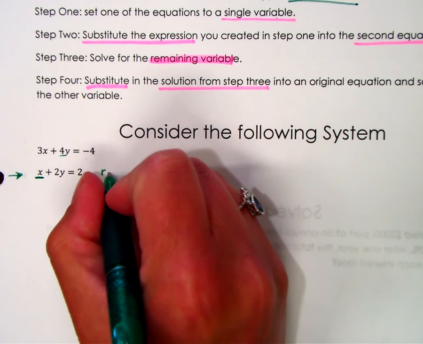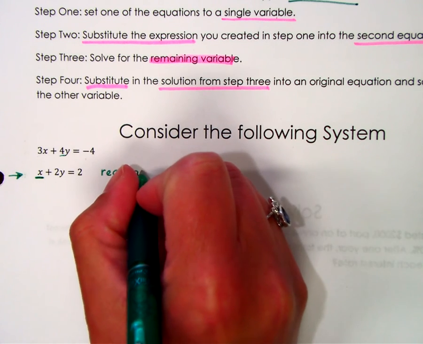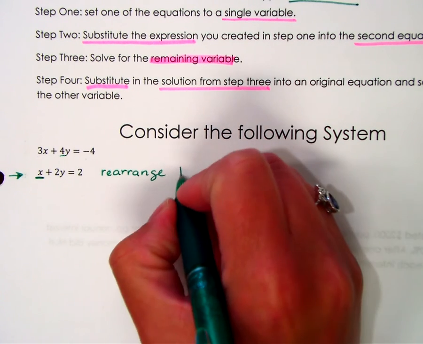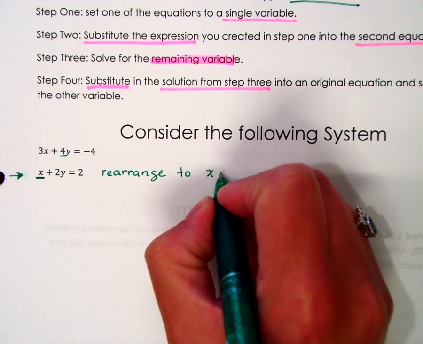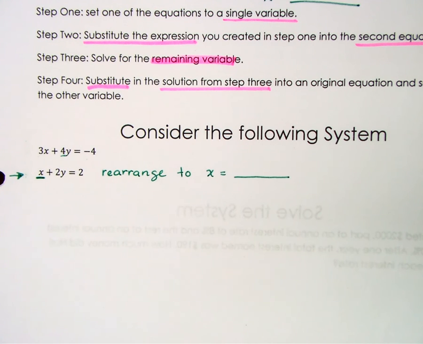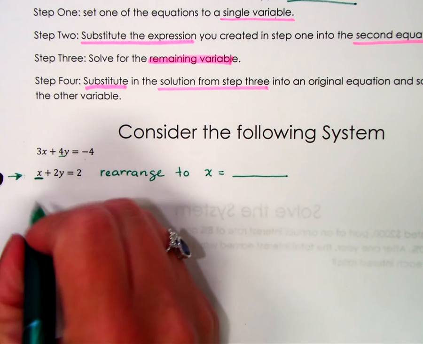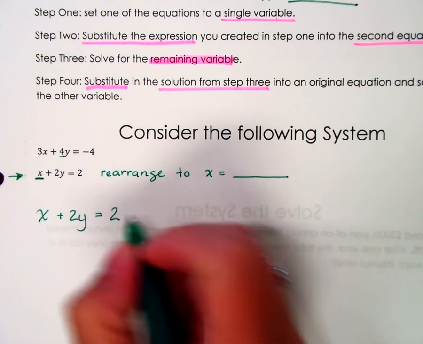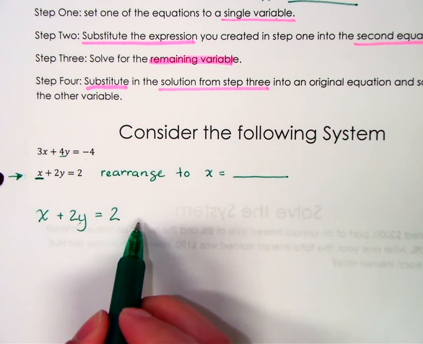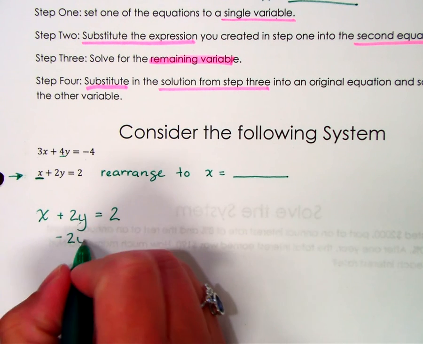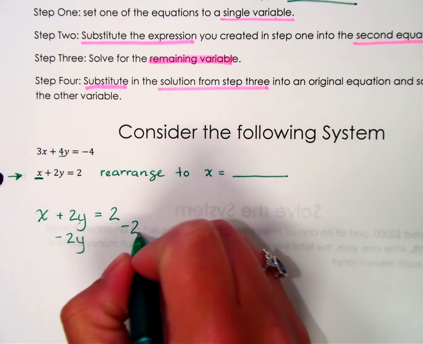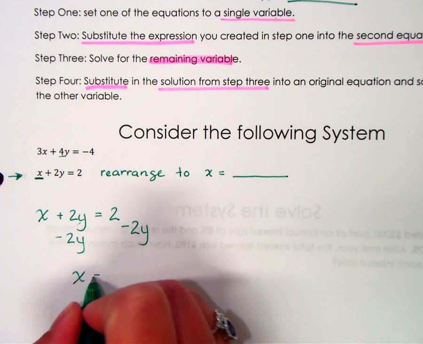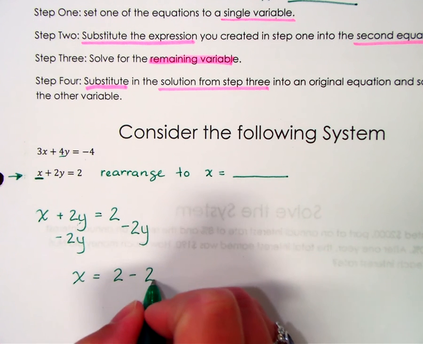So this is the one I'm going to rearrange, and I'm going to set x equal to everything else. So I want x on one side and everything else on the other side. So we have x plus 2y equals 2. So I want to move the 2y to the other side, so I have to subtract 2y from both sides. So x is equal to 2 minus 2y.